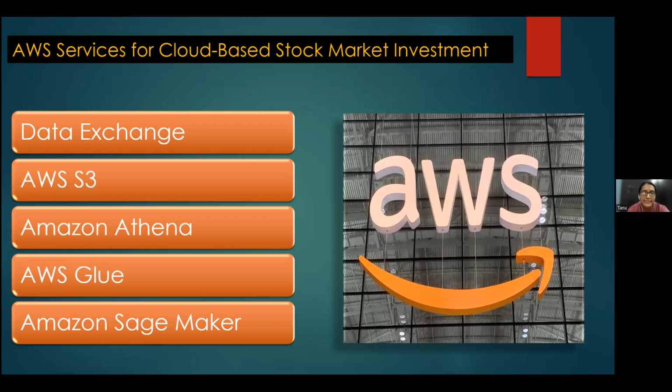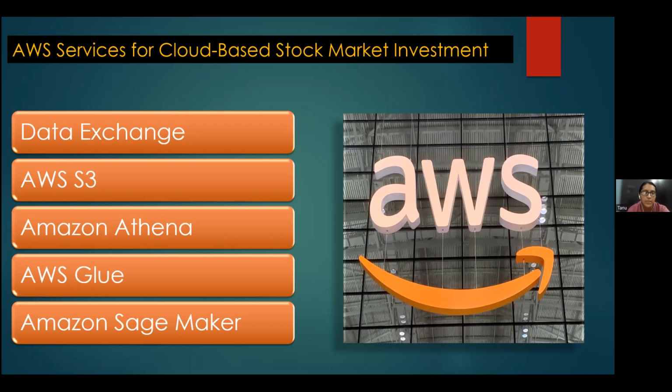And the fourth one is AWS Glue. This service basically helps us to prepare, transform, and load data from various sources into a data lake or a data warehouse. And the fifth one is Amazon SageMaker. It is basically a fully managed machine learning service that allows us to build, train, and deploy our machine learning models.